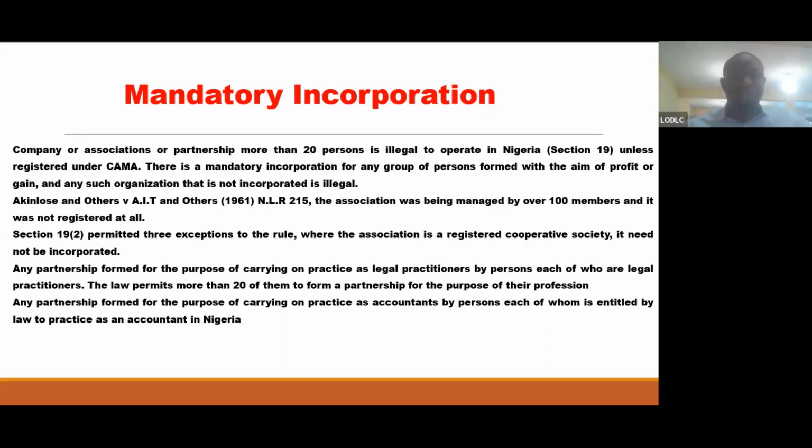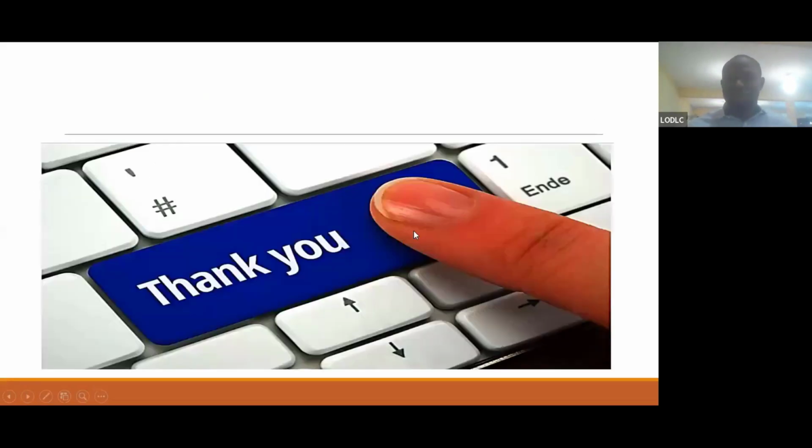Any partnership formed for the purpose of carrying on practice as legal practitioners by persons, each of whom is a legal practitioner, the law permits more than 20 of them to form a partnership for their profession. Then any partnership formed for the purpose of carrying on practice as accountants by persons, each of whom is entitled by law to practice as an accountant in Nigeria. Those are the exceptional cases that we are talking about.